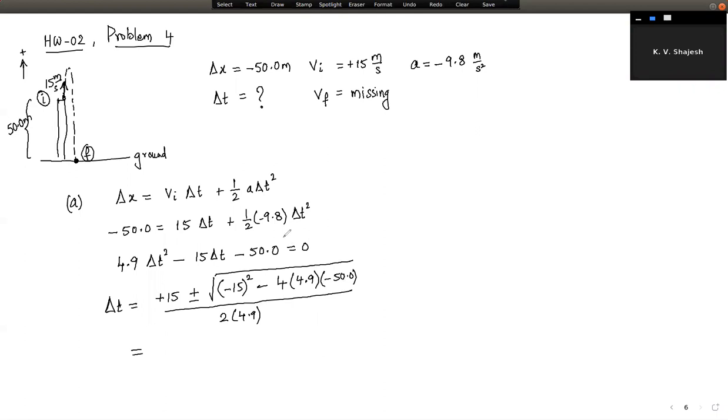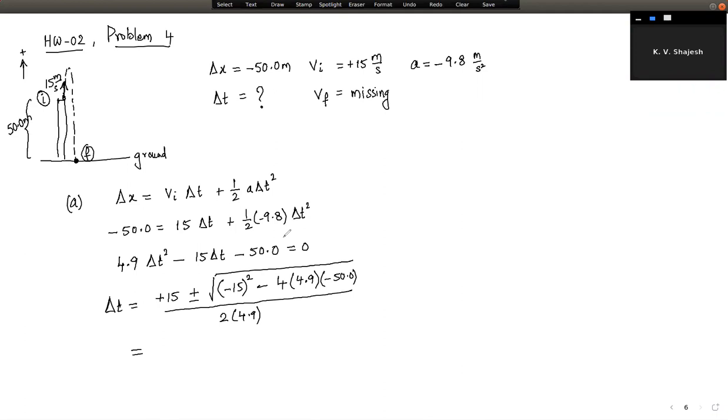Let's first calculate the discriminant of this equation, that's in the square root. So it's 15 squared, using a calculator. And the next number is a positive quantity, so 4 times 4.9 times 50.